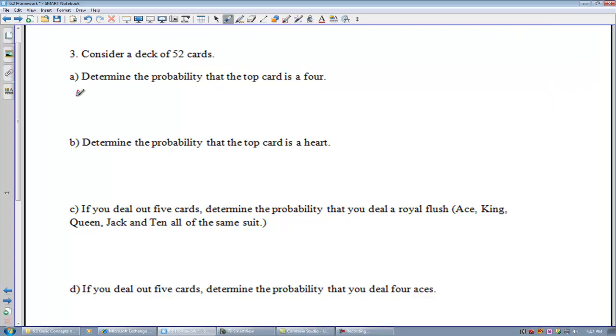Our event, let's just say E, is equal to all 4s: a 4 of hearts, a 4 of diamonds, a 4 of clubs, and a 4 of spades. And then S, of course, is all 52 cards.